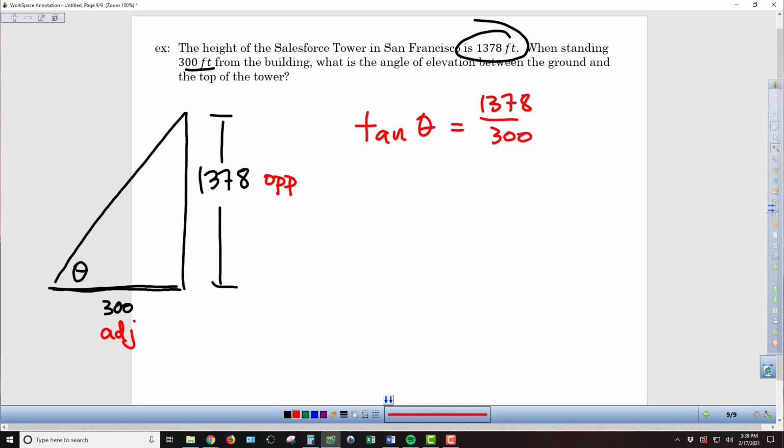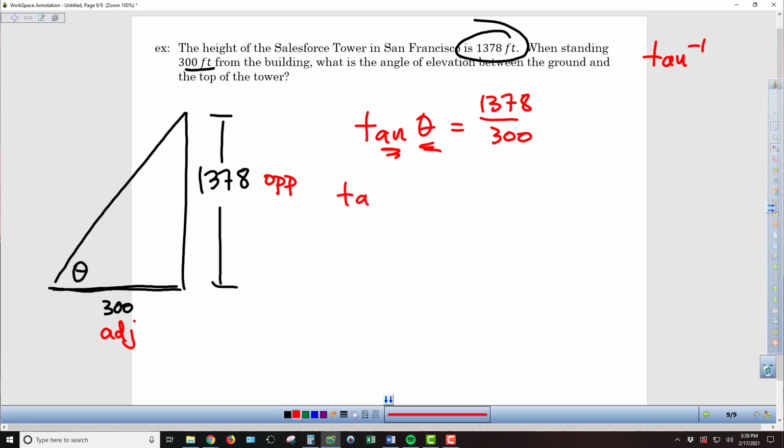And so how do I solve for theta? Well, it's not tangent times theta, it's tangent of theta. So I'm not going to divide both sides by tangent, but I have to undo that tangent to get that theta by itself. So what we use, if you look on your calculator, the second function of the tangent button is a little tangent -1. And so that's the operation that we're going to use to undo the tangent.